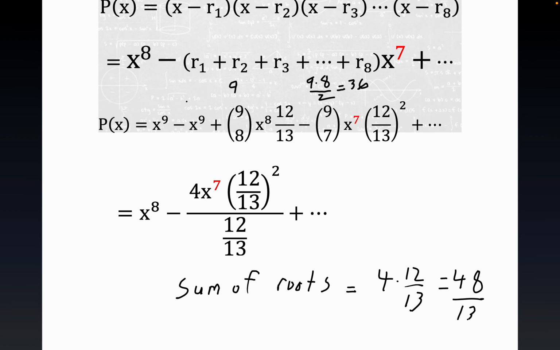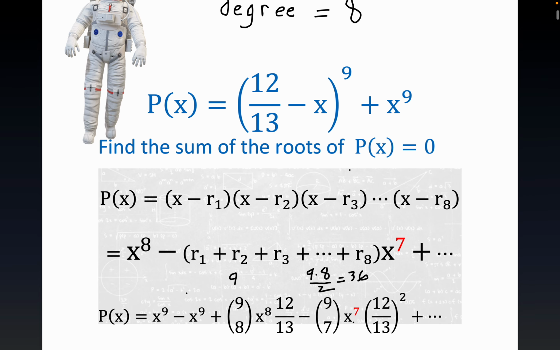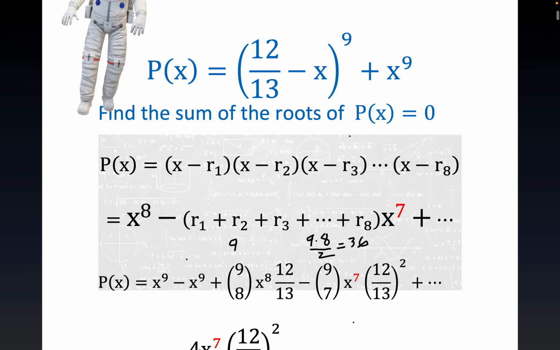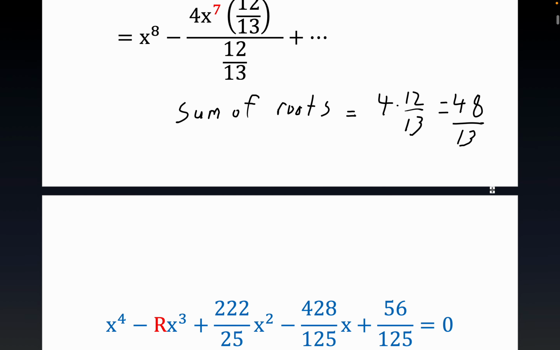Now another thing is kind of interesting here. If you further posited that all these roots were distinct, which it sure looks like they probably are, we actually know that the real part of each of the roots would be this divided by 8. So in other words, 48/13 divided by 8, so 6 over 13, is the real part of all the roots, if you know that each of the roots is distinct.